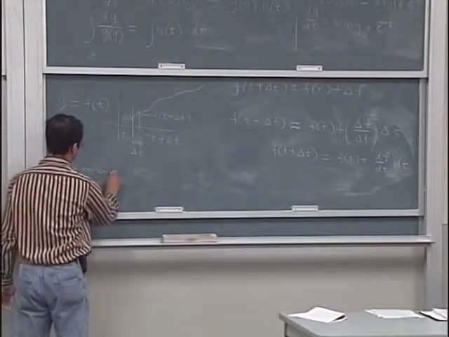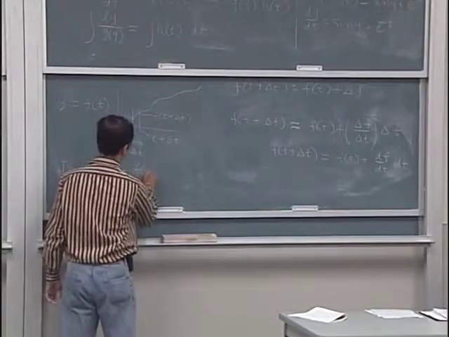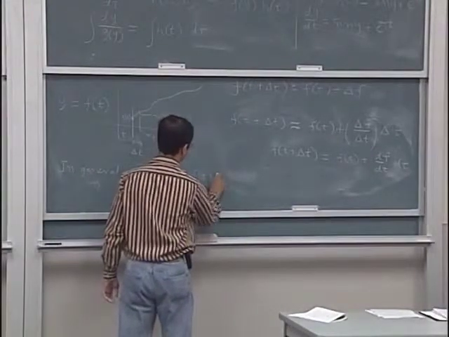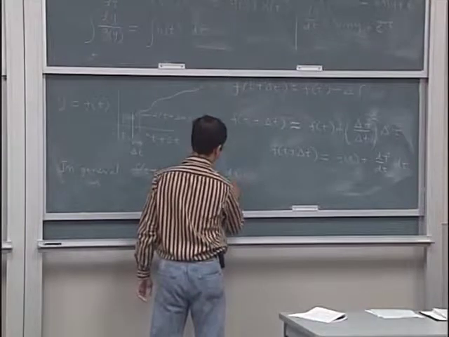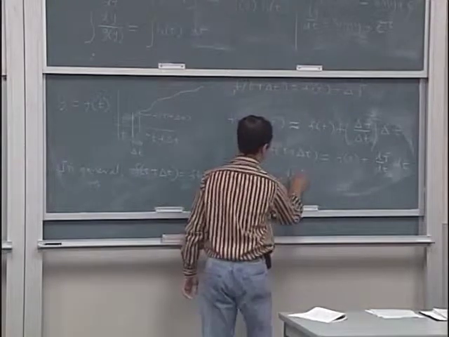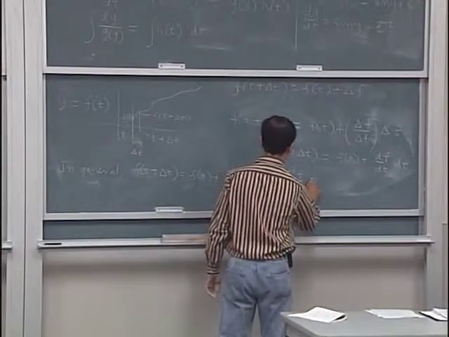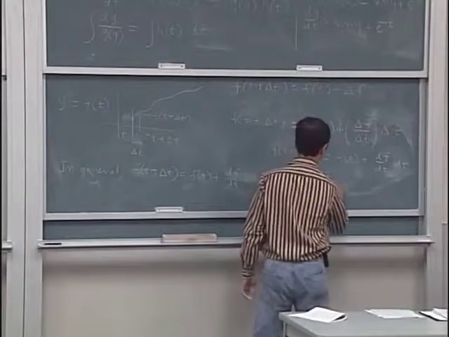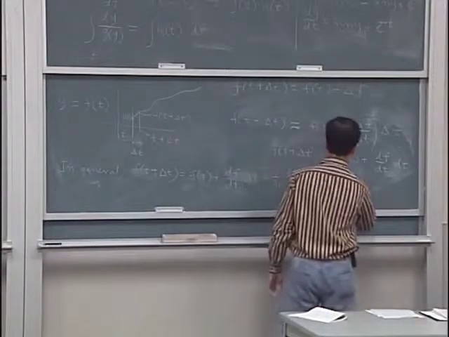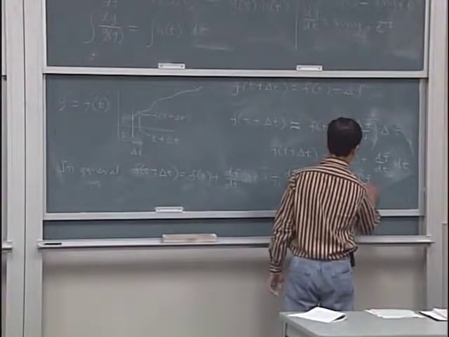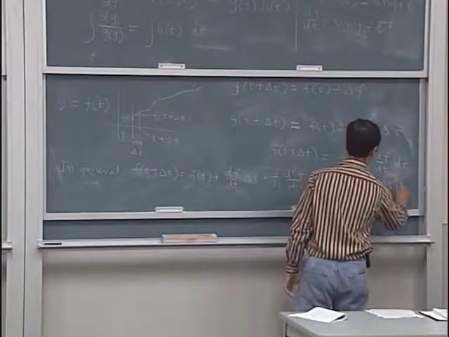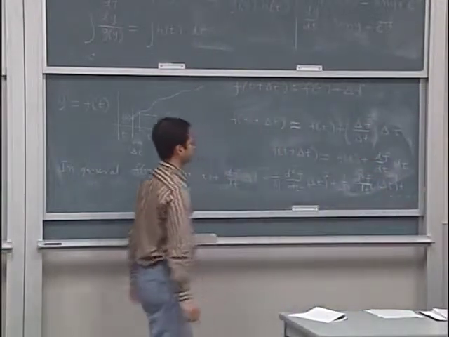In general, you should write f(t plus delta t) as f(t) plus df/dt delta t plus half d2f/dt2 delta t square plus 1 by 3 factorial d3f/dt3 delta t cube, this.